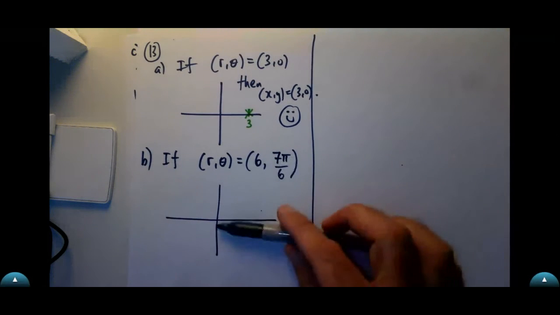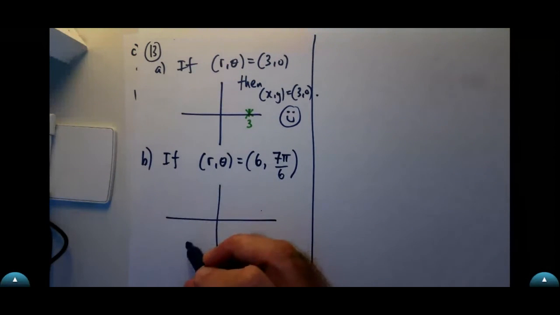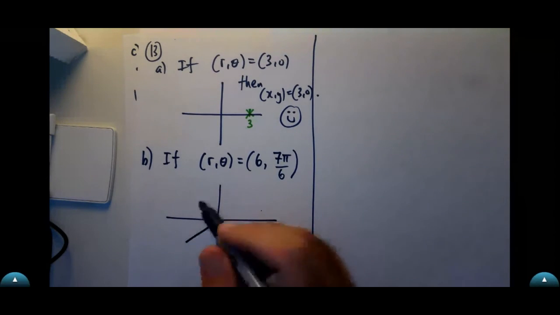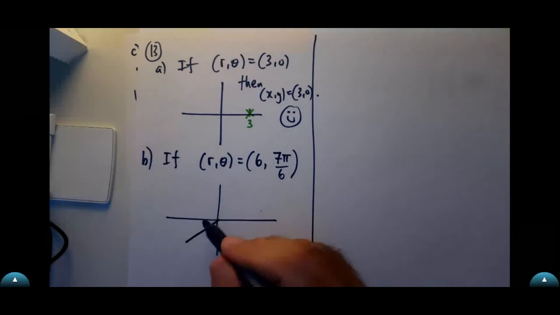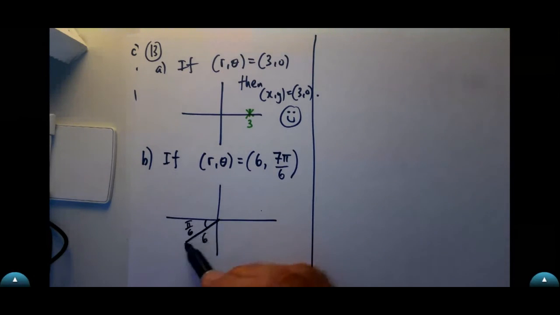So 7 pi on 6 is just a bit more than half a turn. That would be pi, and then you would have a little pi on 6 there. And this length here would be 6 units.